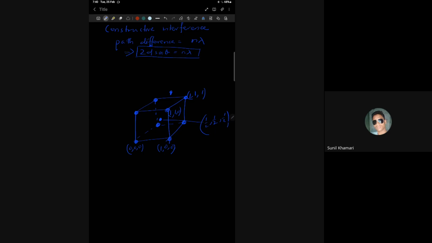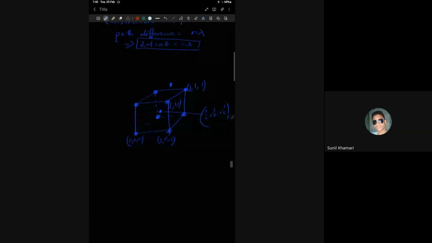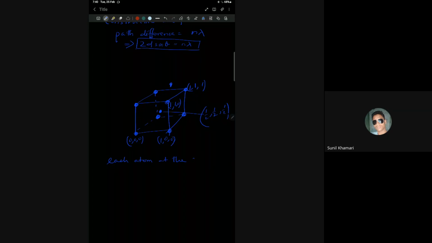So each atom at the corner is shared by 8 unit cells. Hence the contribution is 1 by 8.